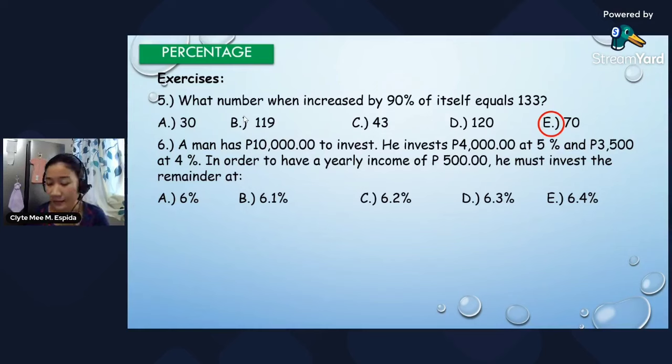Okay, so you will have A 6%, B 6.1%, C 6.2%, D 6.3%, and E 6.4%. Okay, so have your answers. I'll be waiting for your answers.